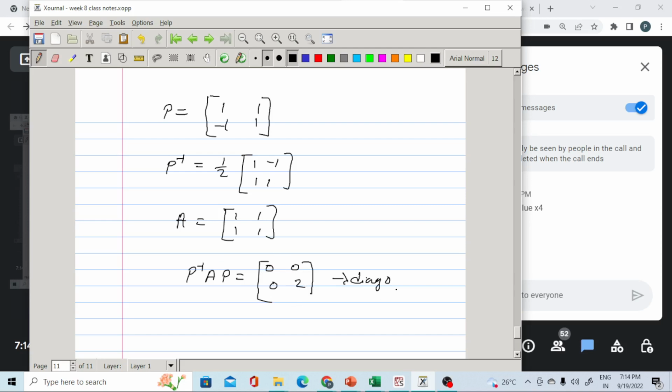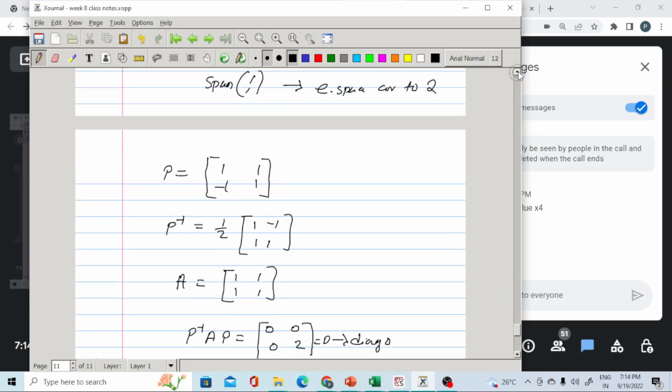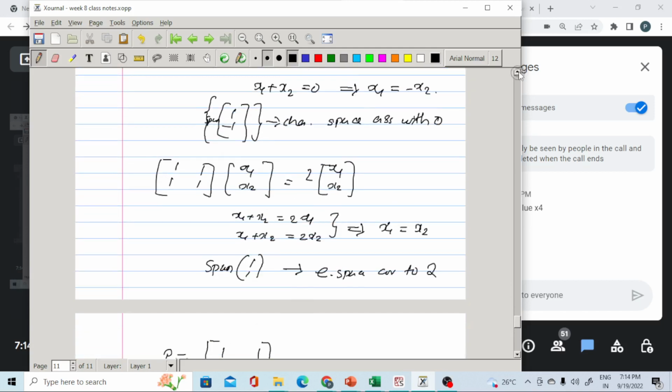So P inverse of AP is a diagonal matrix. In this way also we can say A is diagonalizable. Is this method clear? It is a bit of calculation. Yes, ma'am. You can also solve in the earlier way, just finding the algebraic multiplicity and geometric multiplicity.